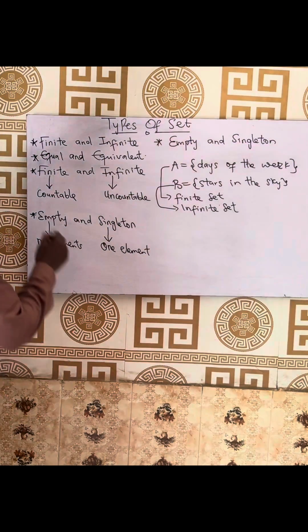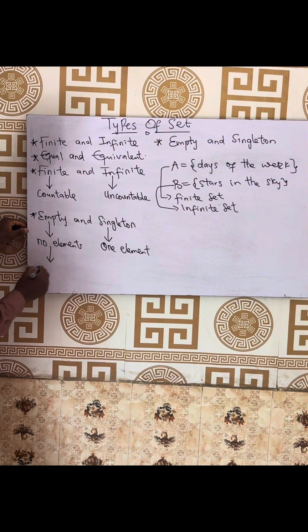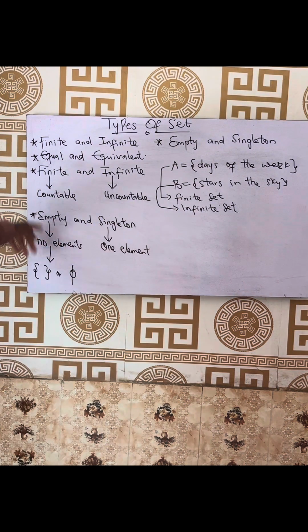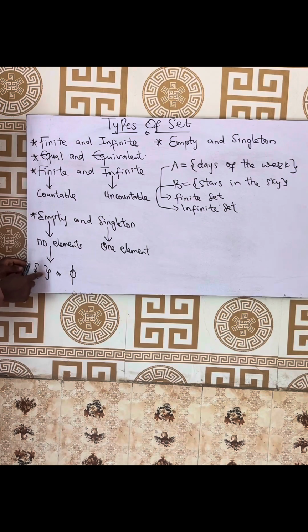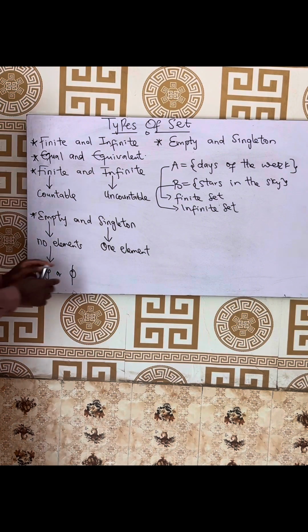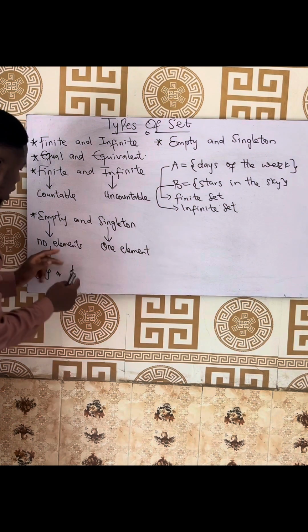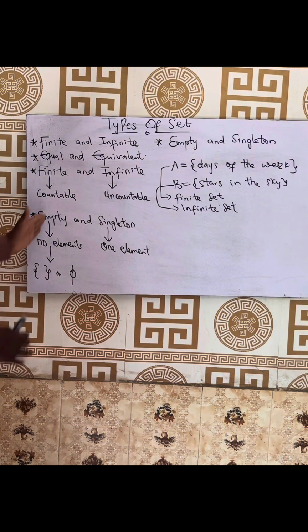Singleton set. Now, this empty set is always represented as this or this. So we always represent an empty set as empty curly brackets without putting anything inside the curly brackets, or we use this phi. So this is a representation for an empty set.